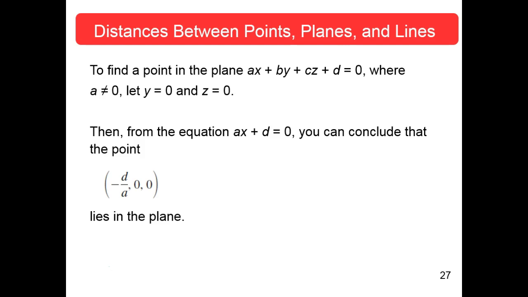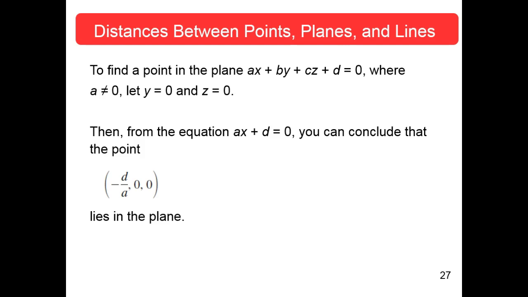To find a point in the plane, here's the plane that's given to us: AX plus BY plus CZ plus D is equal to 0. Now they're going back to that form where you put the D on this side. I don't care which side you put it. Your assumption here is A can't be 0.